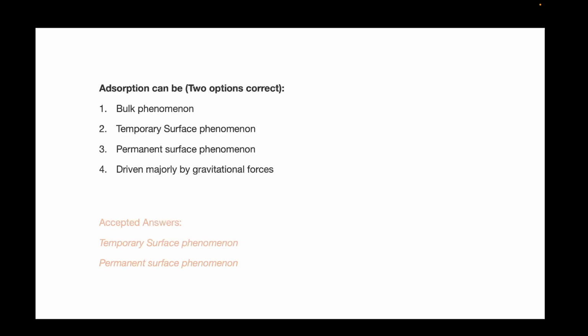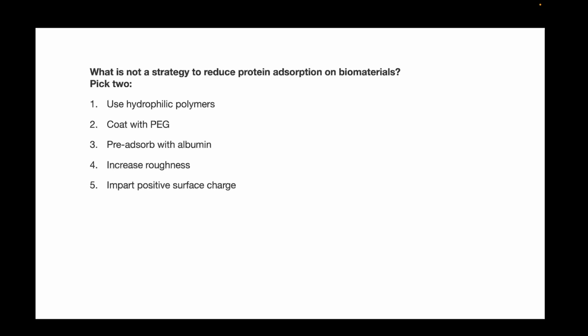Okay, the correct answer is temporary surface phenomenon or permanent surface phenomenon. It is based on how long it is staying, or the exchange of the proteins, for example protein adsorption. Based on that, it could be either a temporary surface phenomenon or a permanent surface phenomenon. Okay, moving on to the next question.